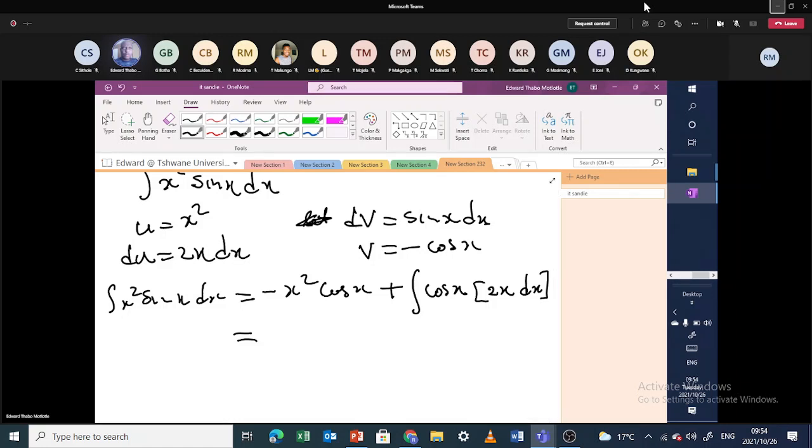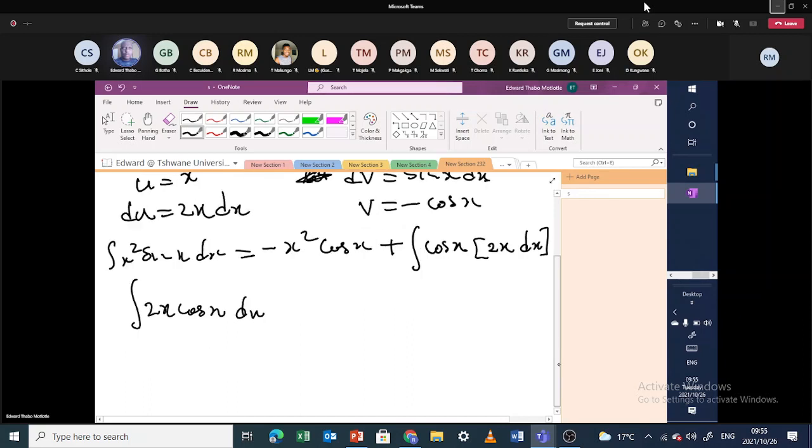We have minus x squared cos x. Now again, you can see here we have to use integration by parts again. So I'll just erase this one and focus on that integral. So this integral here is the integral 2x cos x dx.